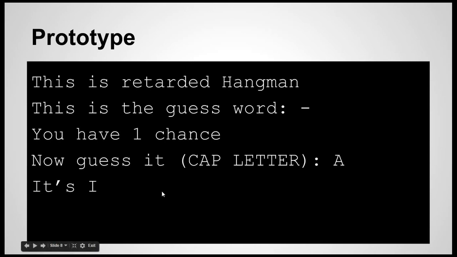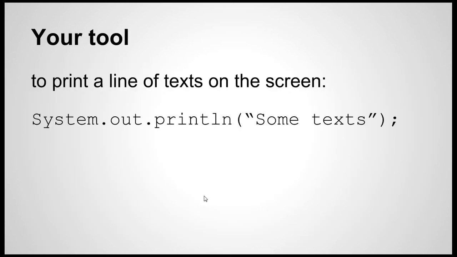So that's the prototype. In order to write this program, you need to have some tools. The first one is how to print a line of text on the screen. How to do that is you have to write this line into the Hangman version 1 Java file. I'll explain this briefly. So you want to print a line.